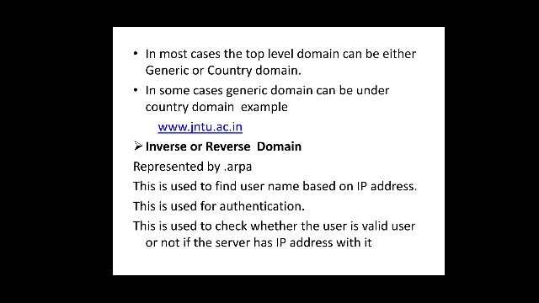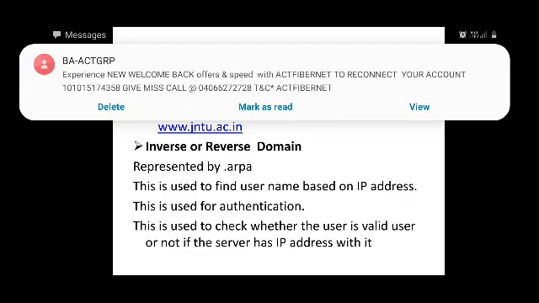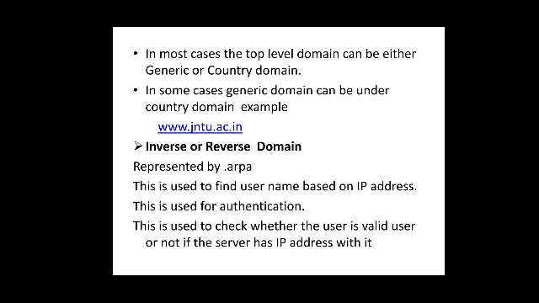Now this packet will come to the server, and in that packet the server will see the IP address of the source. But a server will have the permitted names. It will not have a list of IP addresses. It will have a list of only names that are authorized to access.